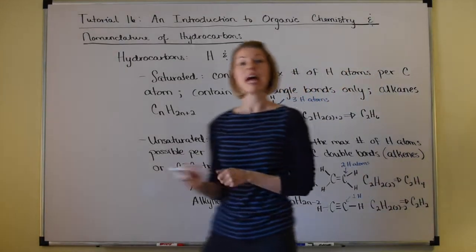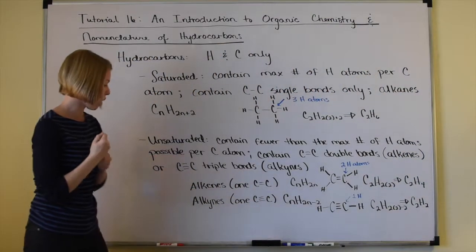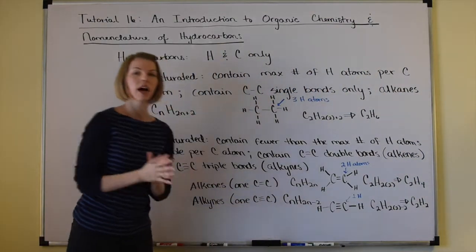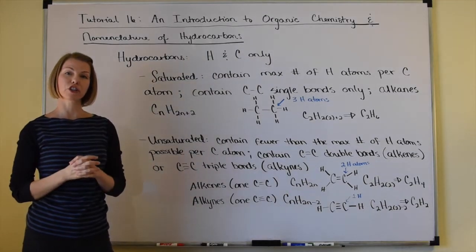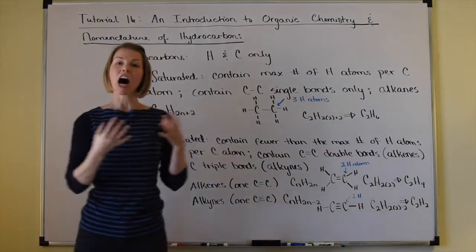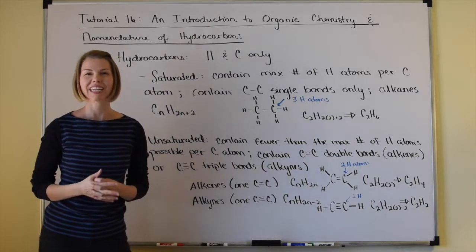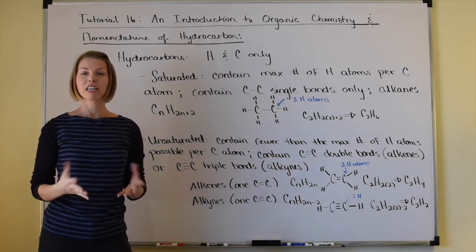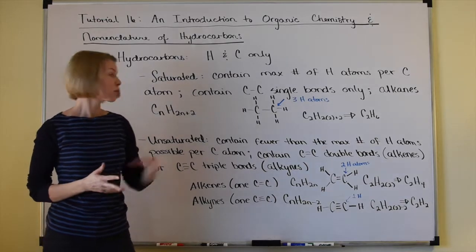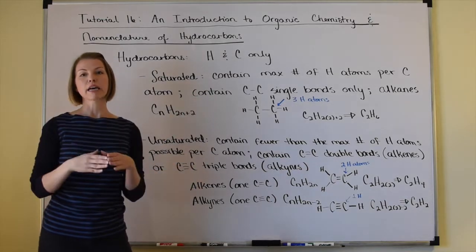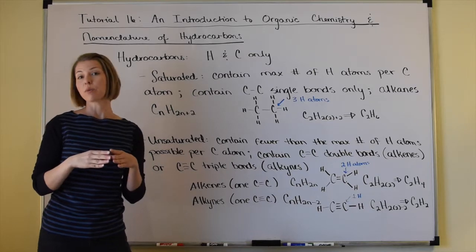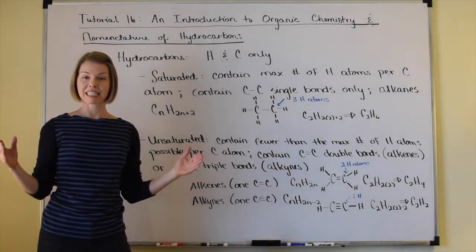All right, final word before we go on from here. You have probably heard the terms saturated and unsaturated with respect to the fatty acids in your food. So what they're referring to there is really what we just discussed here, except with respect to fats.